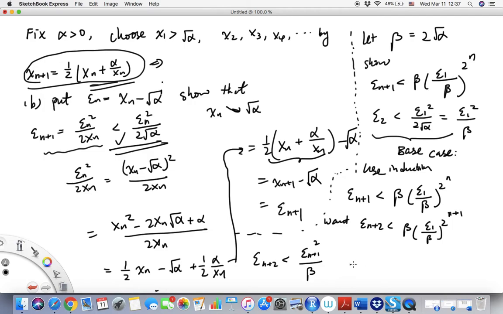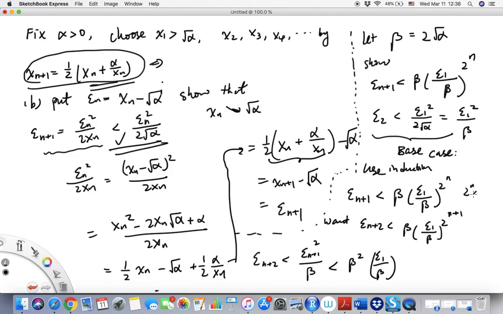Right? And then we use the induction hypothesis, that's less than beta squared times epsilon 1 over beta, now we are squaring epsilon n plus 1. So if you square something, your exponent gets multiplied by 2.